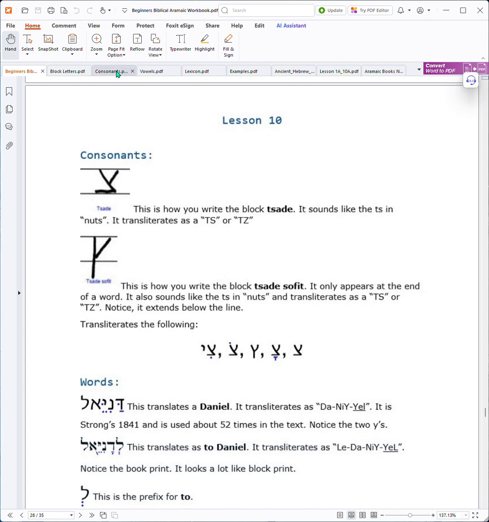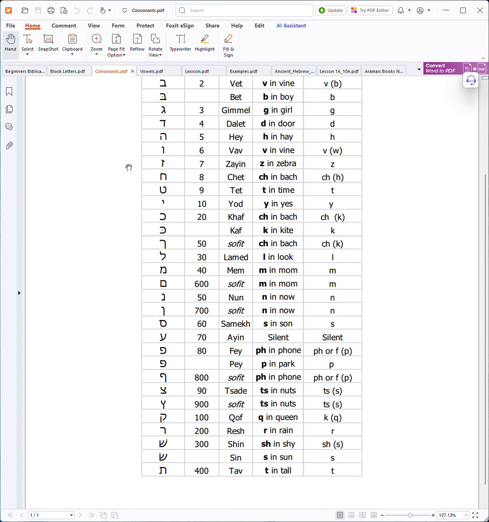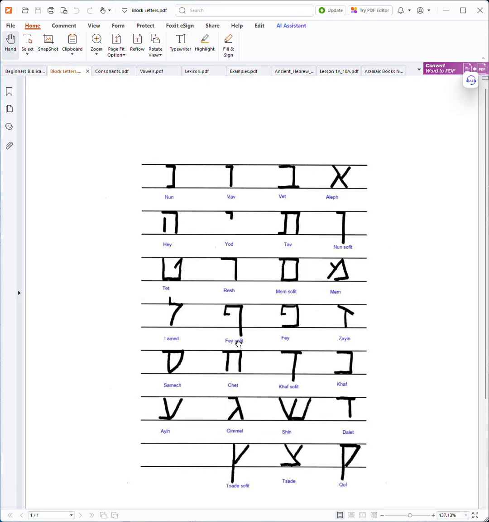So when we look at our consonants, it's this one, and it's 900. And it's a TS or TZ. Now when we look at our block letters, here it is. It goes below the line. So here's the Sade and the Sade Sophite.